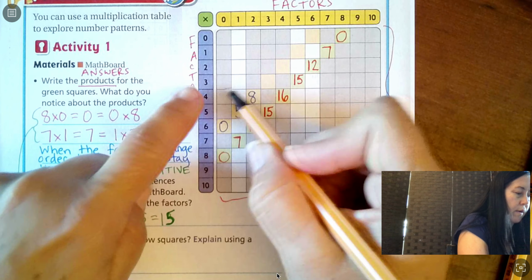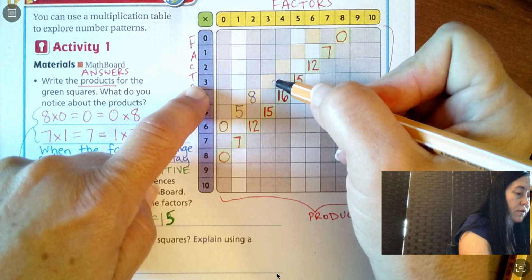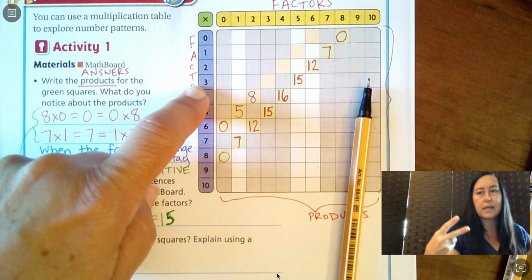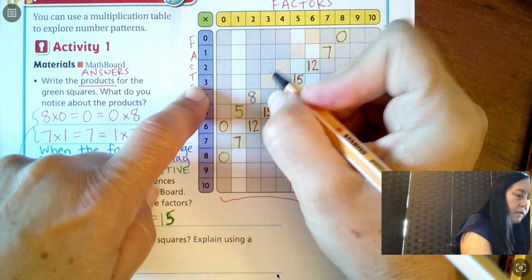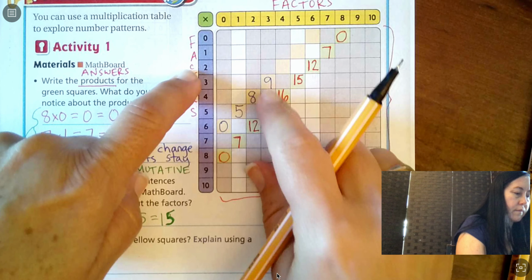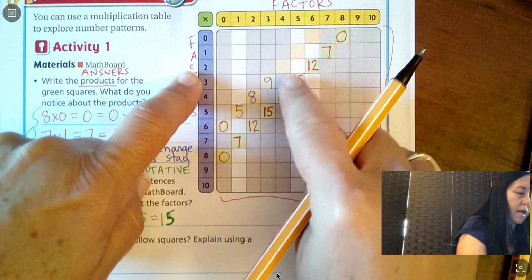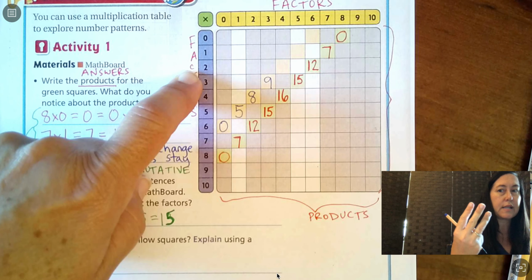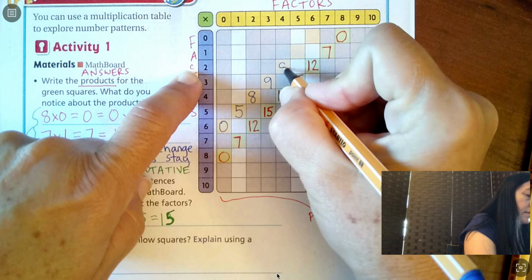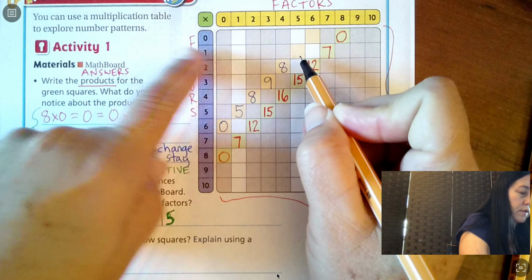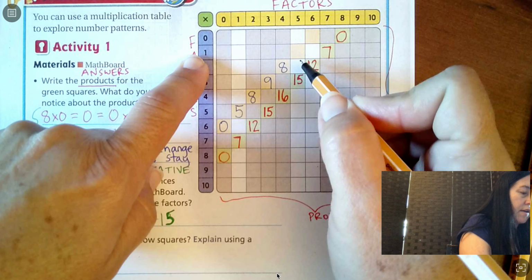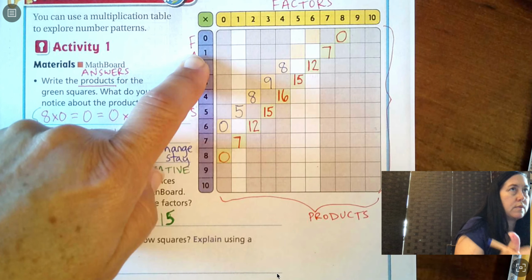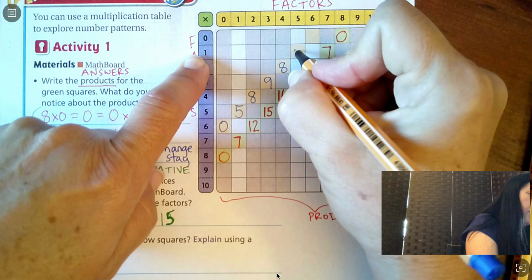For this yellow square, we've got 3 times 3, which is 9. For this yellow square, 2 times 4 is 8. For this yellow square, we've got 1 times 5, which is 5.